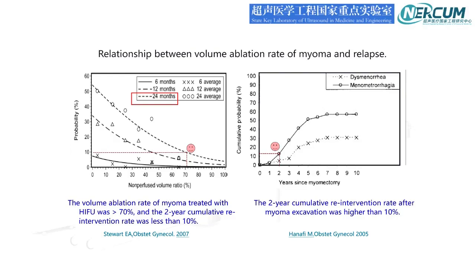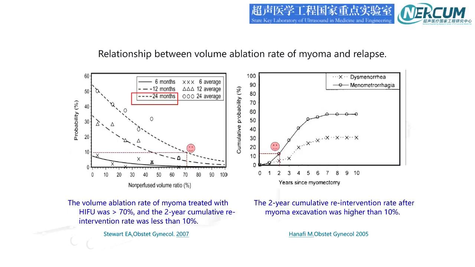We can also look at the ablation rate of the myoma volume. In our assessment system, there are two studies showing that for uterine myoma, if the ablated volume is over 60%, then the probability of recurrence in the next 2 years is 11%, and otherwise it is higher than that.